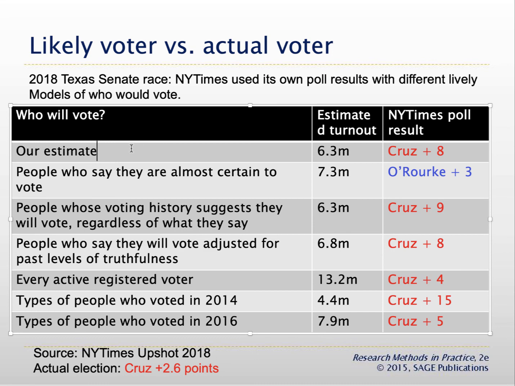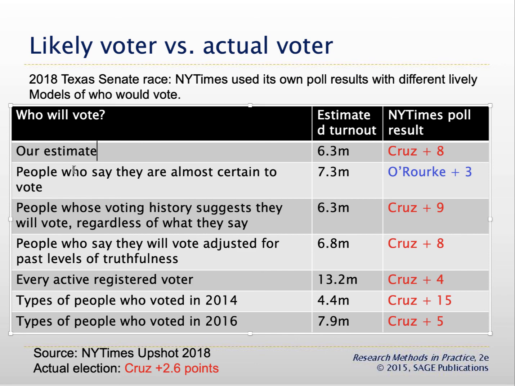So this is from the New York Times Upshot polling in the 2018 Texas Senate race. And they did a really useful exercise. They had their own poll, so they had all the data, they had everyone who they reached, that they used calling cell phones and landline phones. They had the characteristics, and they had what people said to answer a wide variety of questions, and they had to decide what to do with that data.